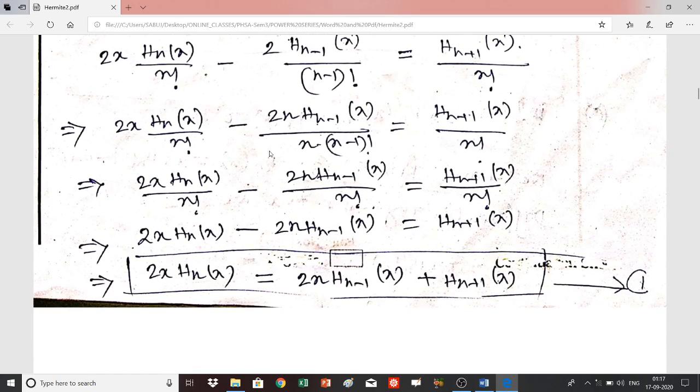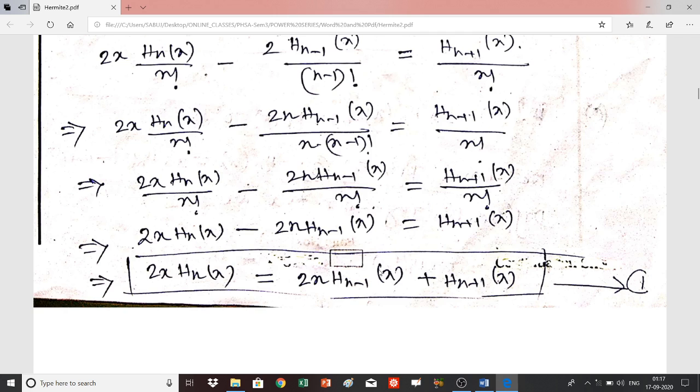All the n factorials in the denominator will cancel, and you will have 2x h_n(x) minus 2n h_(n-1)(x) equal to h_(n+1)(x). So from this relation you can write 2x h_n(x) equal to 2n h_(n-1)(x) plus h_(n+1)(x).